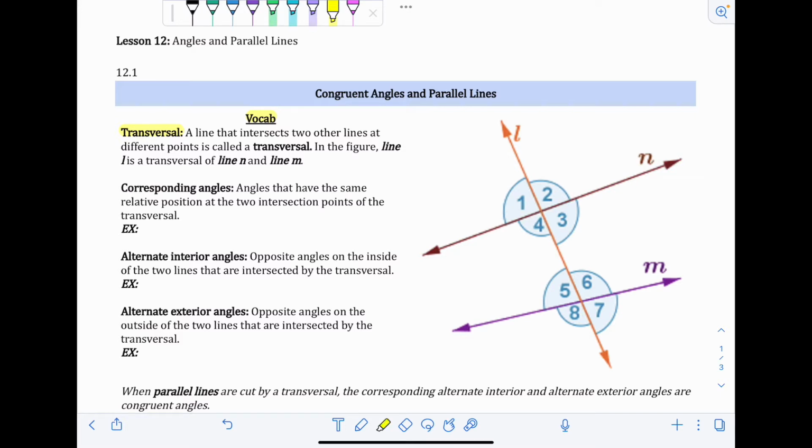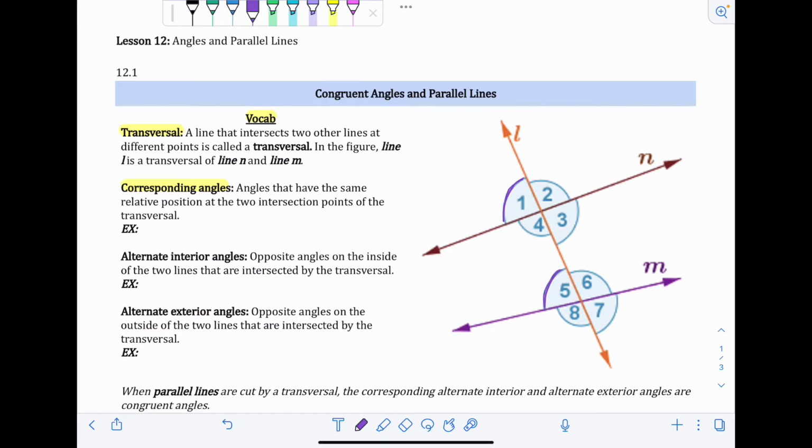And then for the corresponding angles, those are angles that have the same relative position at two intersection points of the transversal. We can see some corresponding angles on the graphic on the right. They have the same placement, but they're at the other intersection. So, for example, angle 1 and angle 5.